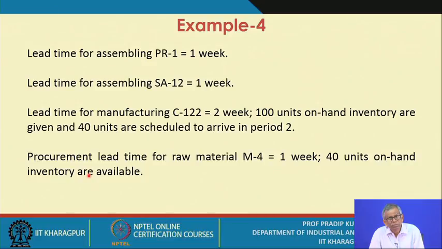That means there could be fluctuations in lead time, but here for the MRP systems we are assuming that the lead time remains constant. That means this is a problem under certainty as far as the lead time is concerned. Now, this assumption may be questioned.